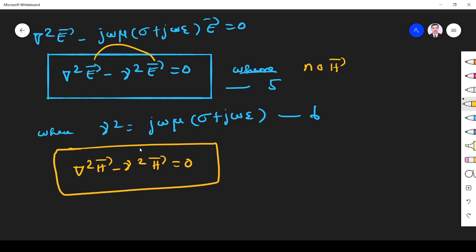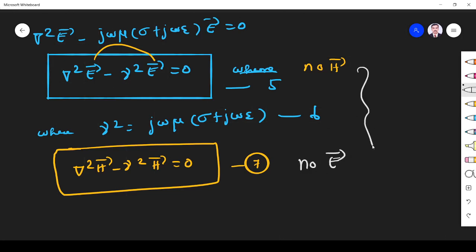No need to derive it, it is a symmetry relation, so just follow the same procedure and we get the answer like this. This is equation number 7. Now you see this is purely H, no E.